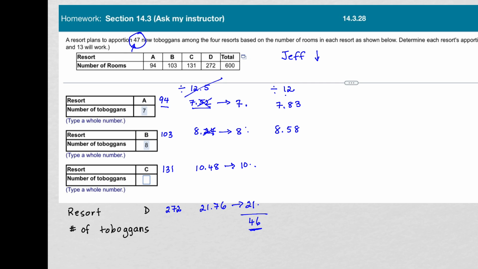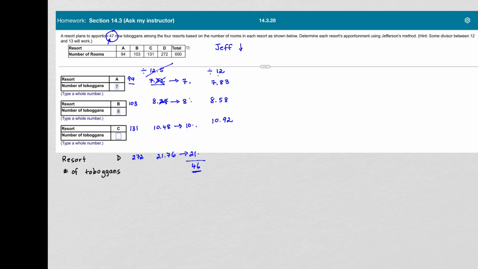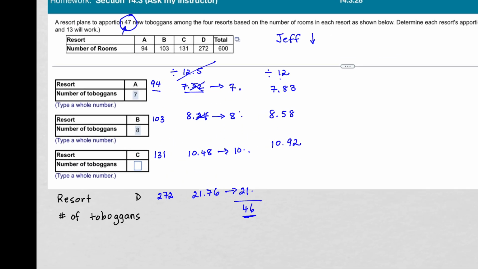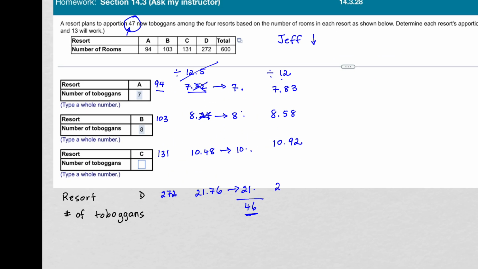And 131 is going to give me 10.92. And finally, 272 divided by 12 gives me 22.67.